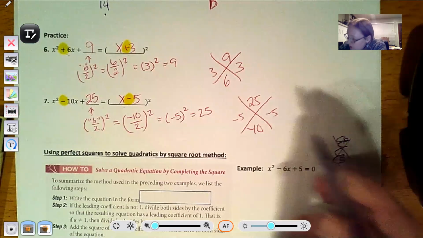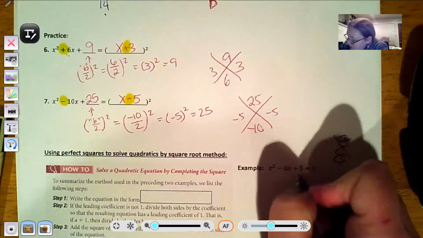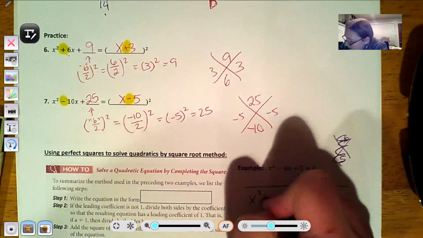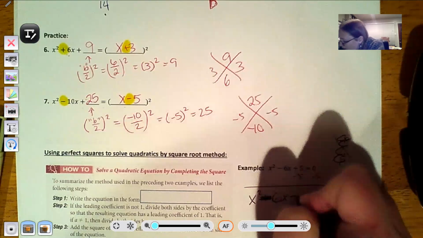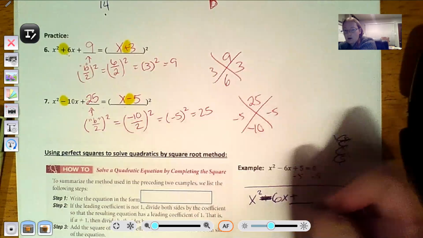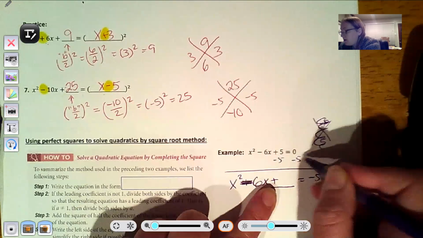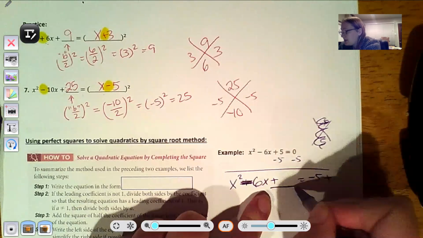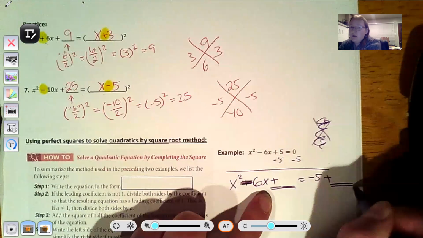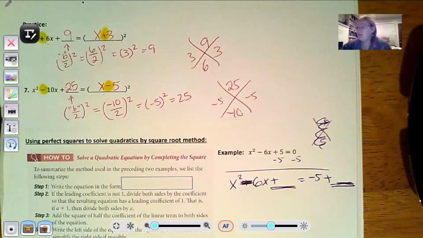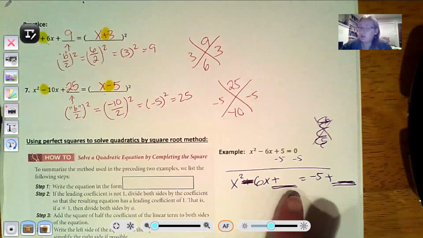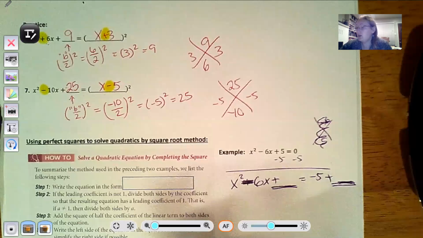So what I want to do is subtract 5. Oops, that's a minus. I want to complete this as a perfect square, and it will be equal to negative 5. But if I add something to this side, I have to add it to this side. So to keep these equivalent, I need to put blanks for both. When I complete this square, I keep the equation equivalent.